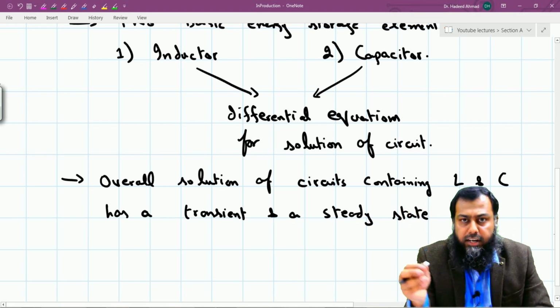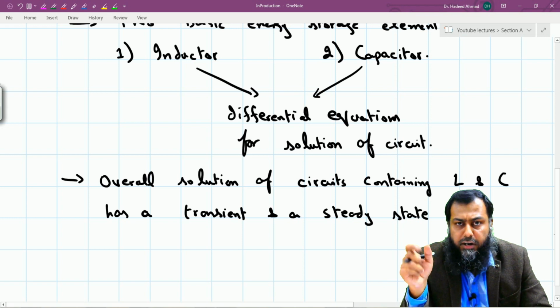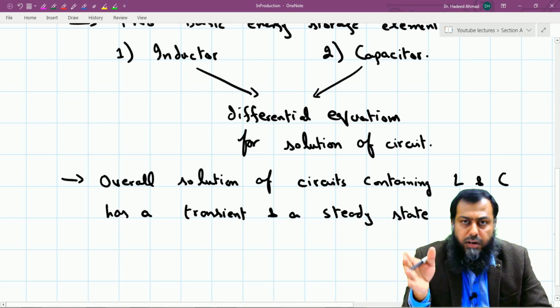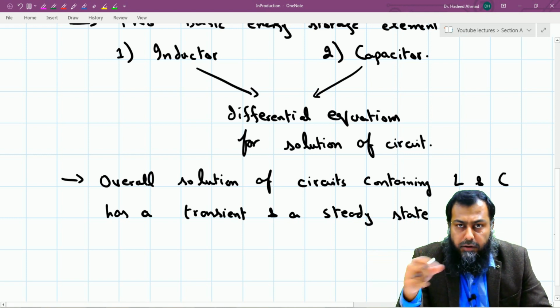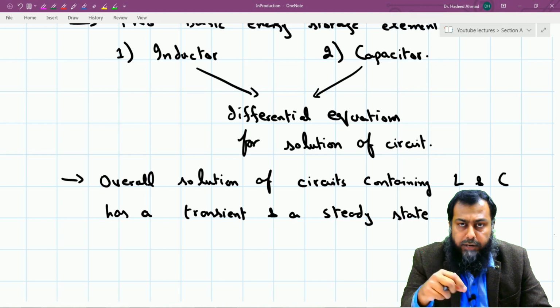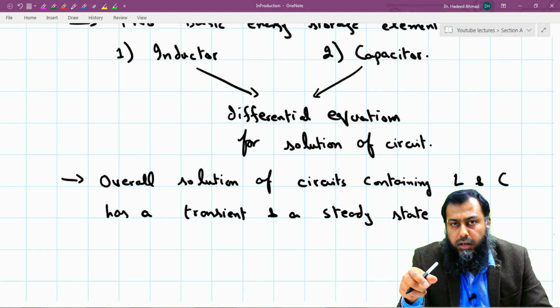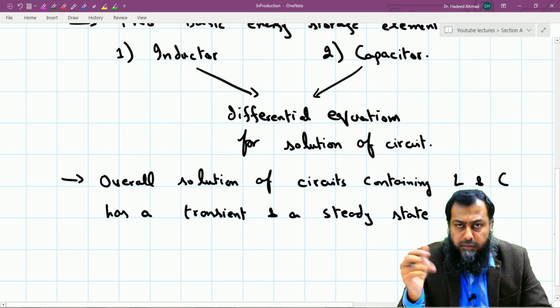And we shall see that in any stable circuit, the transient part should vanish with the passage of time, and thereafter the circuit should come into a steady state. Most of the time, when we do not have any dependent source connected in a given circuit, the circuit automatically comes into a steady state condition after a short time. That detail we shall see in the upcoming lectures.